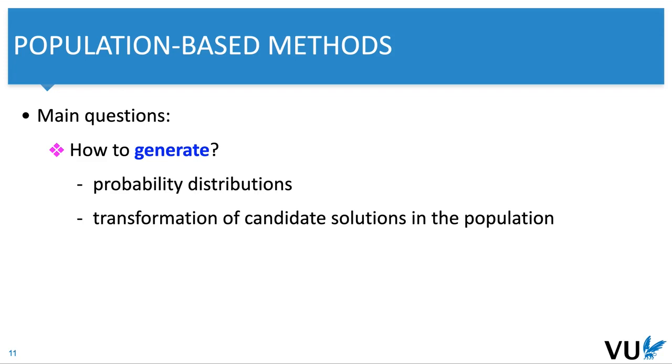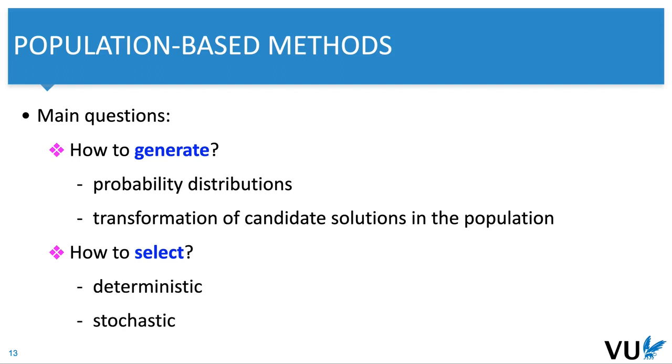So what kind of probability distributions we should consider, and some kind of transformation of candidate solutions in the population. How can we, in other words, mix them so that we can get new candidates. And of course, a very important question is how to select, right? So we need to know which points we should select for the next epoch or generation or iteration, so that we can get better results.